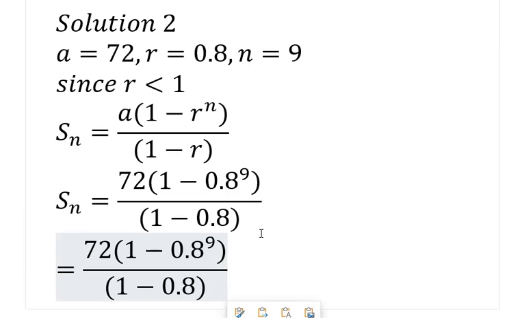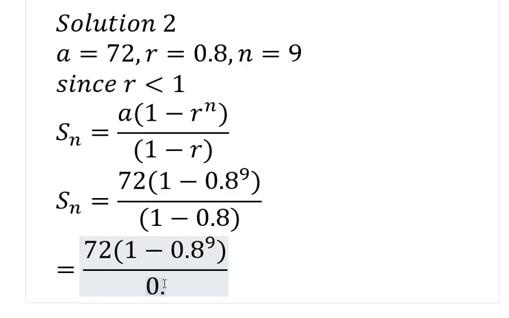Having done that, we can now say 1 minus 0.8 will give us 0.2. Awesome. If we say 0.8 raised to power 9, that means you are multiplying 0.8 over 9 places, 0.8 times 0.8 times 0.8 like that until it is 9. So you have 0.1342.